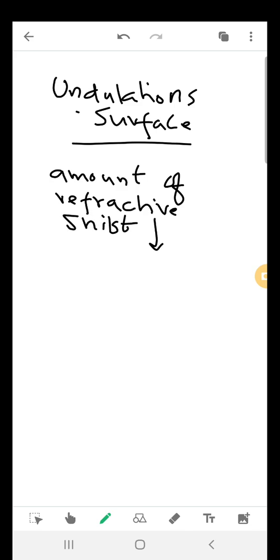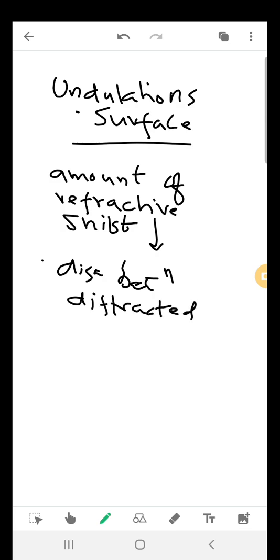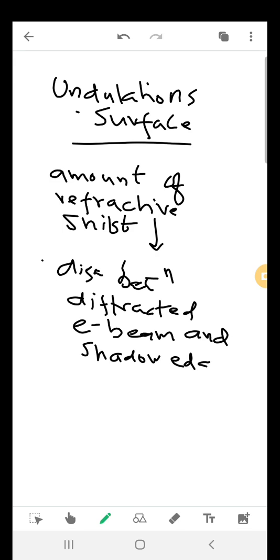The refractive shift decreases, and the distance between the diffracted e-beam and the shadow edge increases.